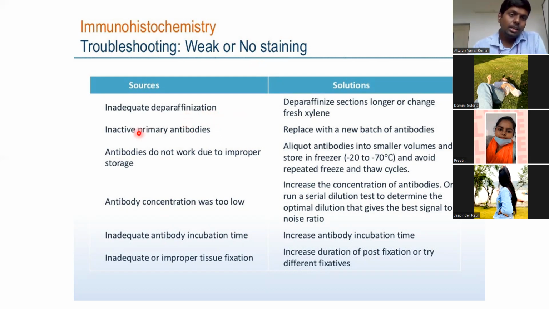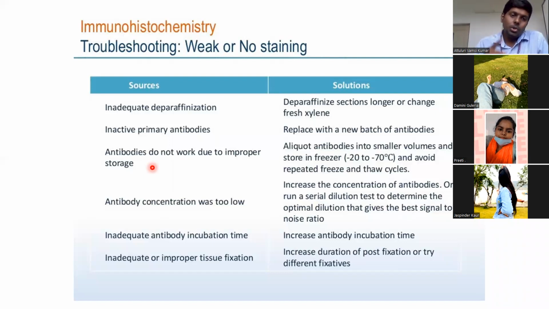Then the second one, inactive primary antibodies. My primary antibodies may not bind to the tissue. Maybe my primary antibodies are expired. My reagent may be expired, so I need to replace the primary antibodies. Then a third reason might be antibodies do not work due to improper storage.